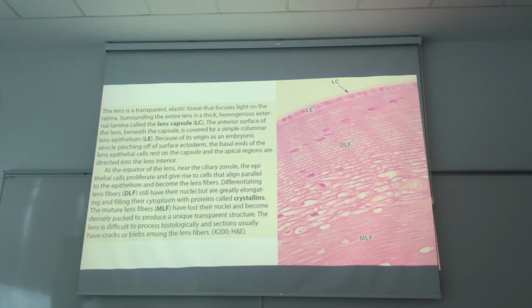After completing differentiation, the immature cells, or the cells in the differentiating stage, lose their nuclei and transform into the lens fibers, or mature lens fibers. The nuclear region of the cells appears like these empty spaces, or in some references they call them ghost cells, the cells of the mature lens fiber.